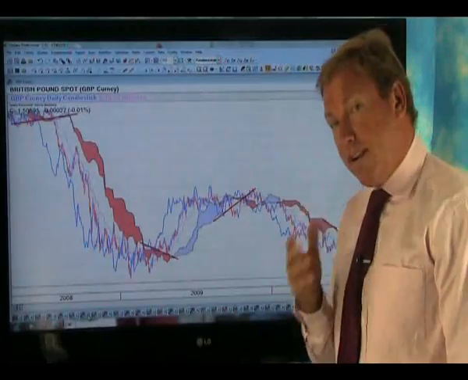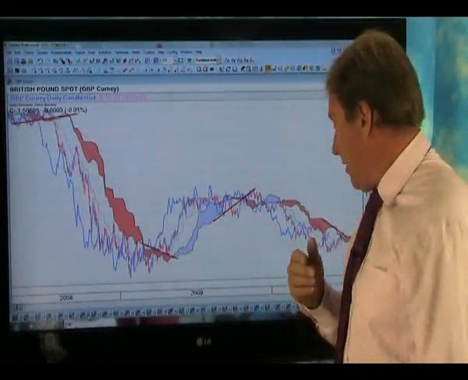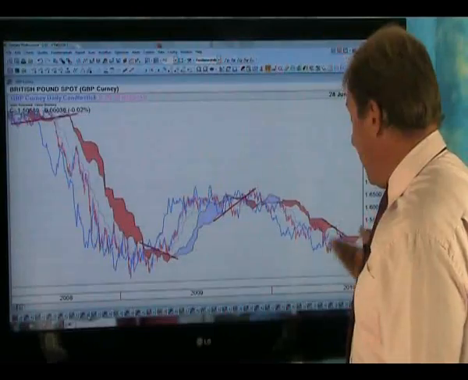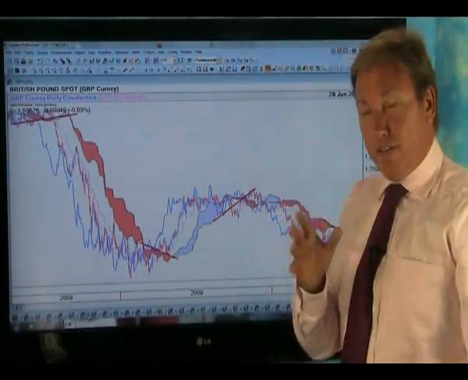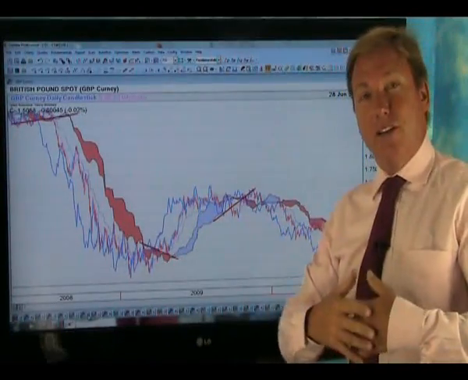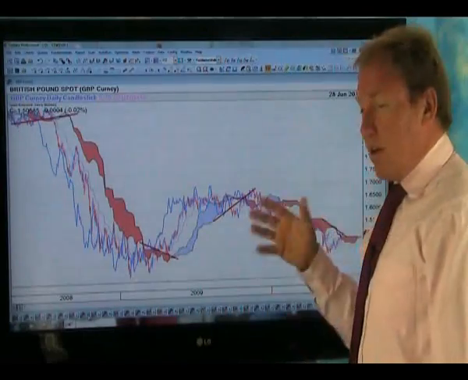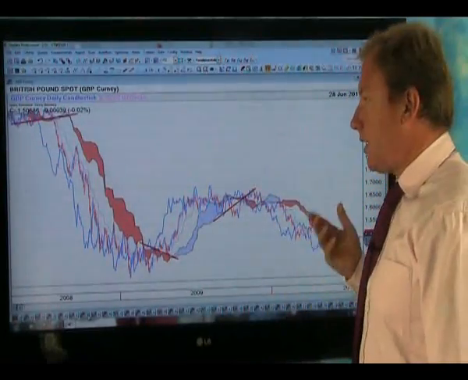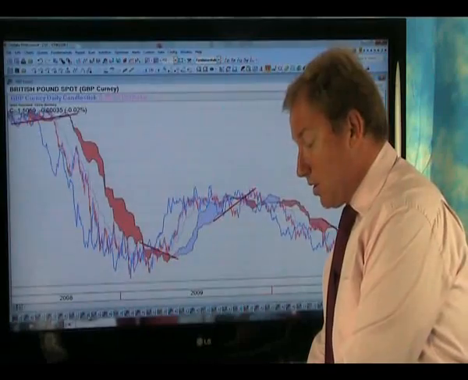So that's quite key that we're through this psychologically important 1.50 mark, and it does imply the price is just coming through. The lagging line needs to get through about 1.53 to give us a buy signal, giving us a medium-term bullish picture on sterling. So sterling is starting to look quite interesting, and it's likely that we are going to get a bullish cross here.